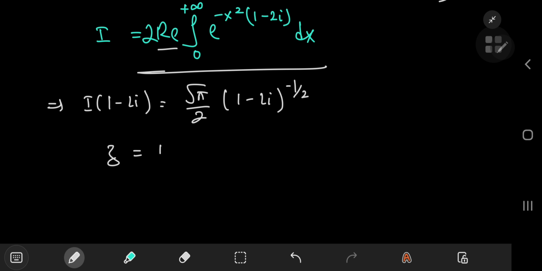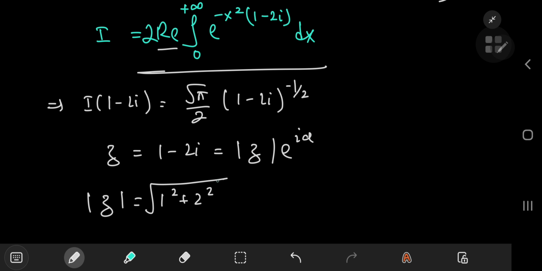If z is the complex number 1 minus 2i, we can write this in its polar form as the modulus of z times e to the i alpha, where alpha is what I'm going to call the argument. So the modulus of z here equals the square root of 1 squared plus 2 squared, which is the square root of 5. And you can evaluate alpha, but let's just leave it in symbol form because we're going to need it for some trig stuff later.